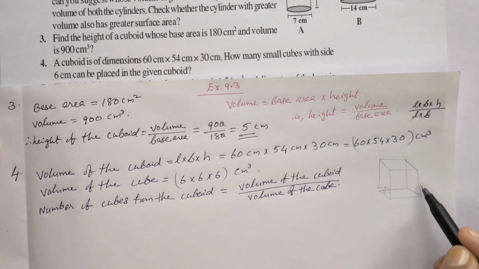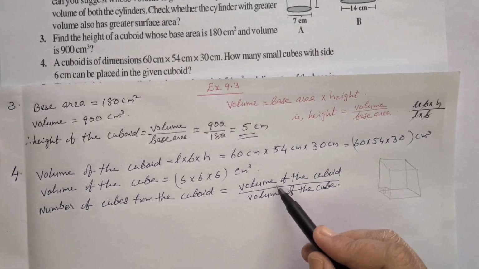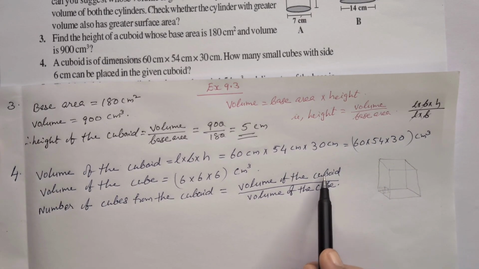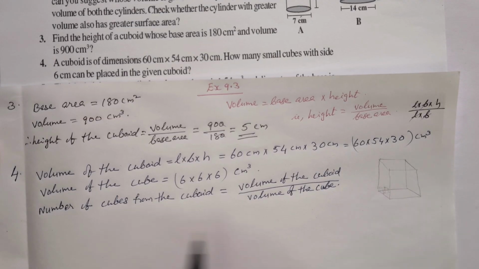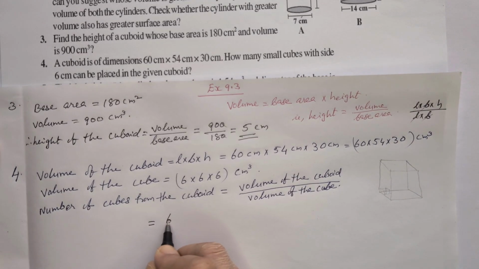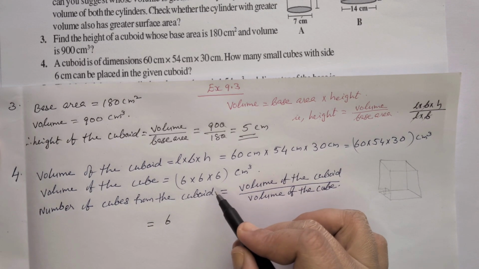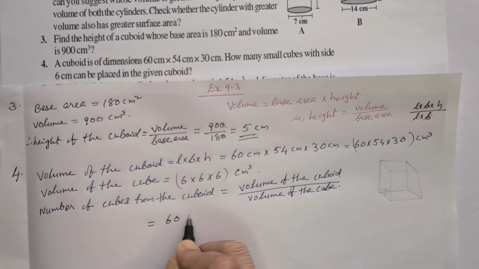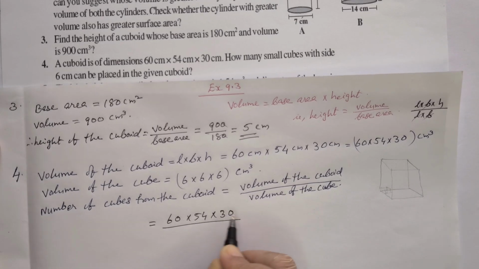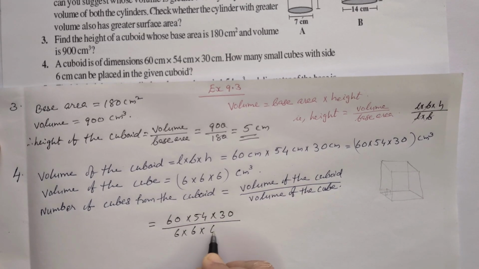So first we have calculated the volume of the cuboid and then the volume of the cube. So the number of small cubes in this cuboid is equal to volume of the cuboid divided by volume of the cube. No need to multiply, write the numbers the same as that, then we can simplify easily by dividing. 60 into 54 into 30 divided by volume of the cube 6 into 6 into 6.